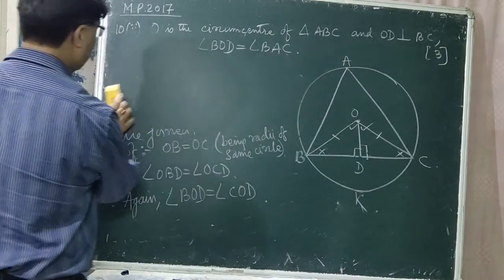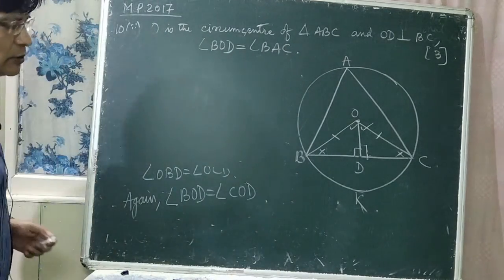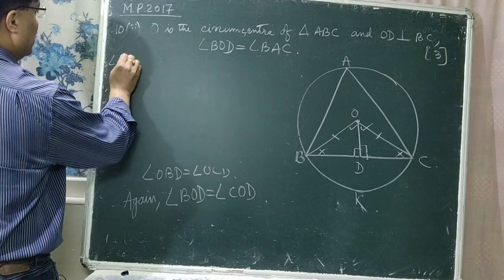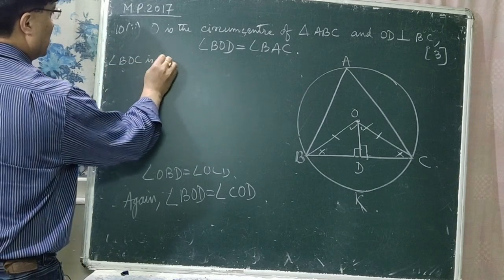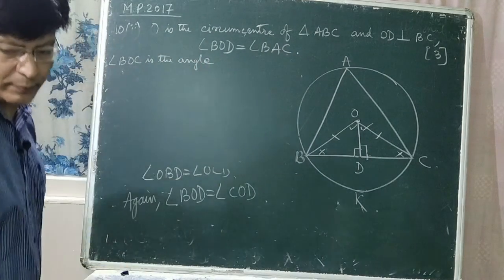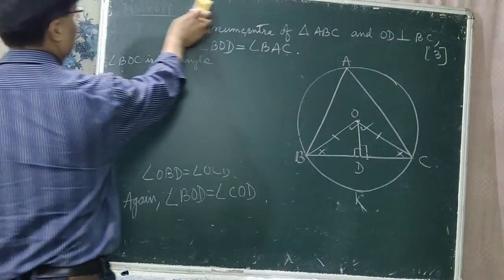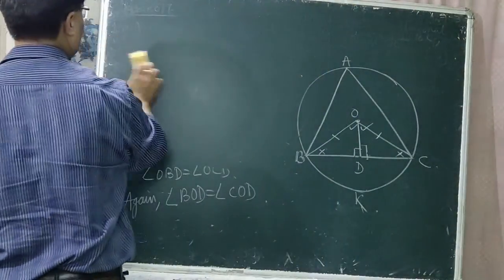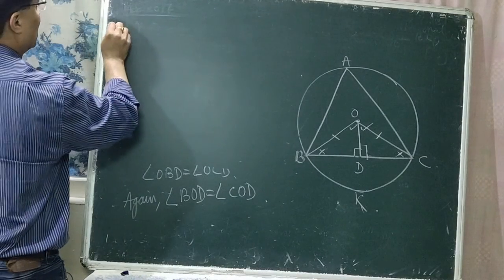Now you have to write here. So let us write here. Angle BOC is the angle. So this question carries 3 marks, okay?